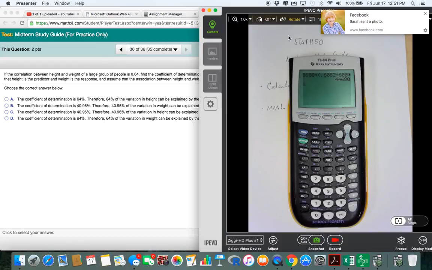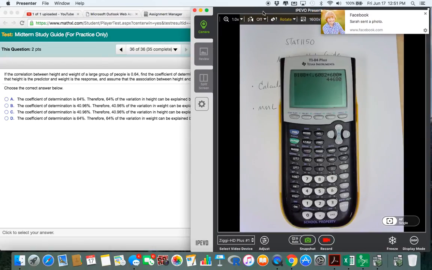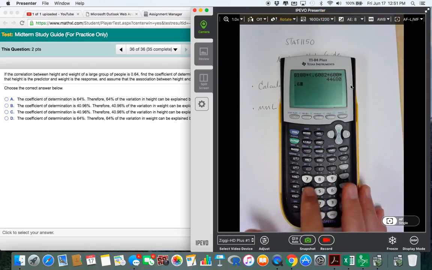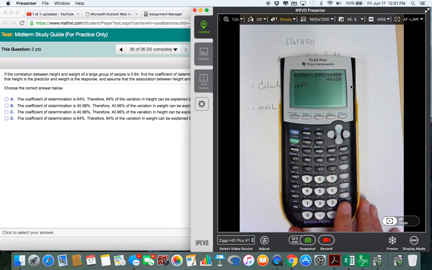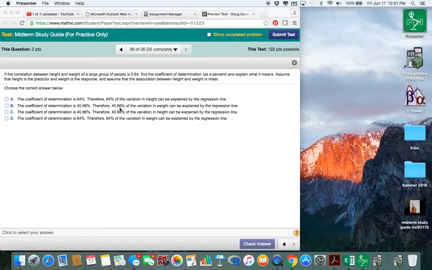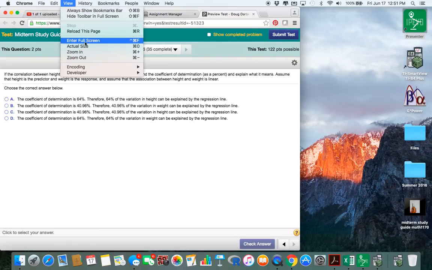So I need to take 0.64 and square it to get the coefficient of determination. So it's going to be 0.4096, and we report that as a percentage, so it's going to be 40.96%.